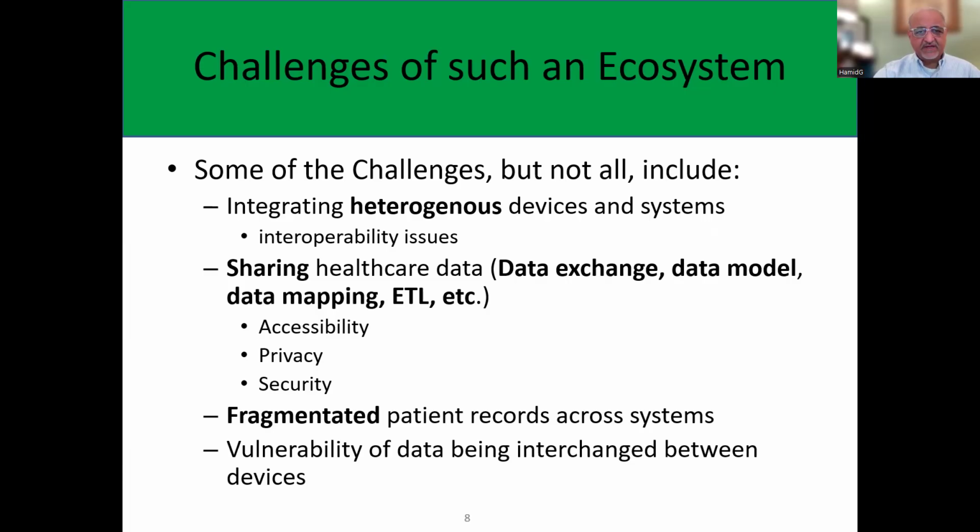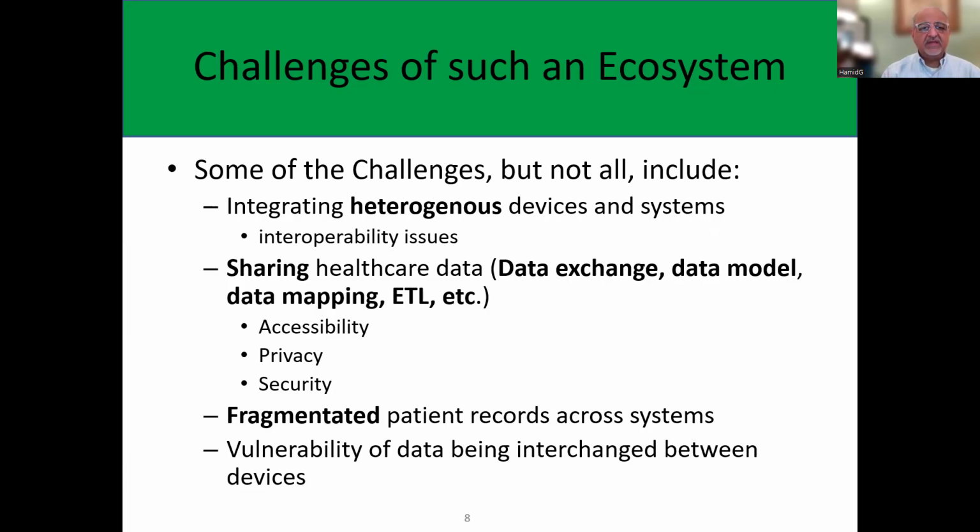And then, of course, the fragmented patient record. Some of my data could be at my doctor with the notes and treatment results. It could be in a laboratory, some blood test in some other lab. Maybe I use a different hospital emergency room. Maybe I used an urgent care somewhere.